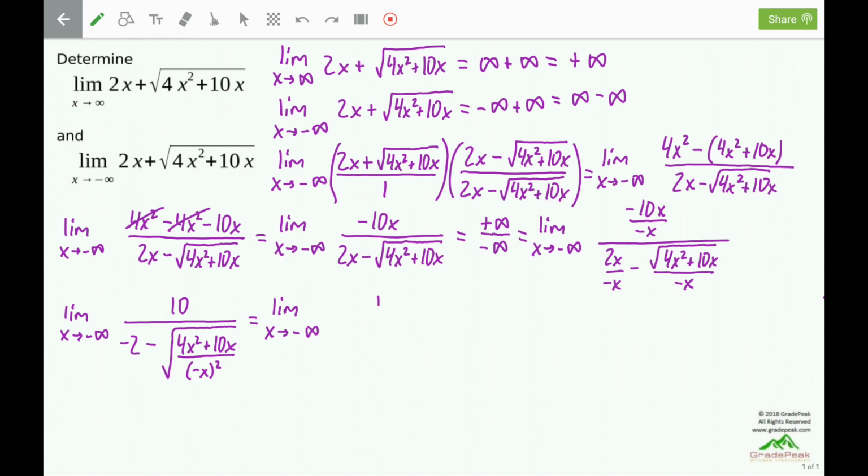Leaving the numerator alone, leaving the first term in the denominator alone, we can now put each term under the root over a negative x quantity squared. Well, negative squared is positive, and then x squared, so each term can be put over a positive x squared.